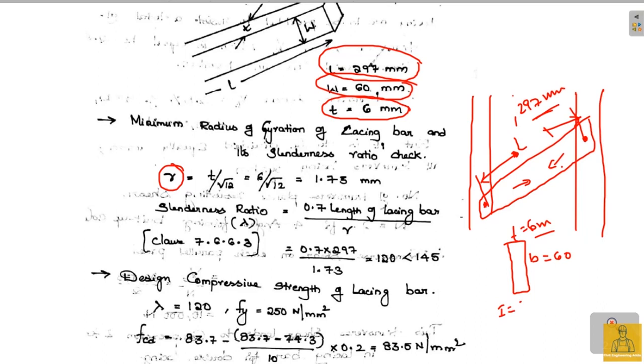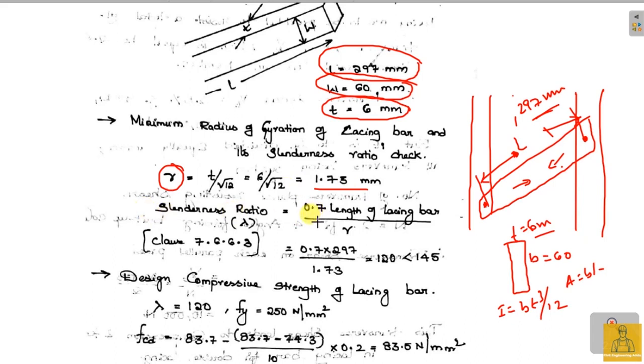I is equal to B T cube by 12. And area is equal to BT. So root of I by A will give you T by root 12. Upon calculation, the radius of gyration of this section is 1.73 mm.